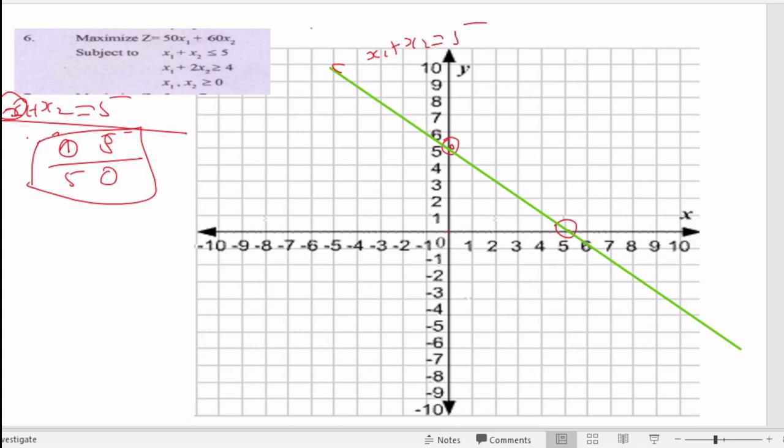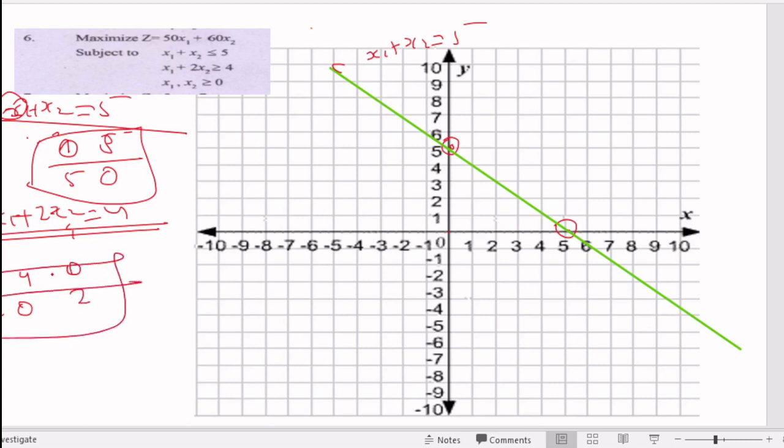Another equation x1 plus 2x2 equal to 4. Here also it's very simple. When x2 is 0, x1 will be 4. When x1 is 0, x2 will be 2. You can put the value and you'll get the exact point. Now we can draw this also.